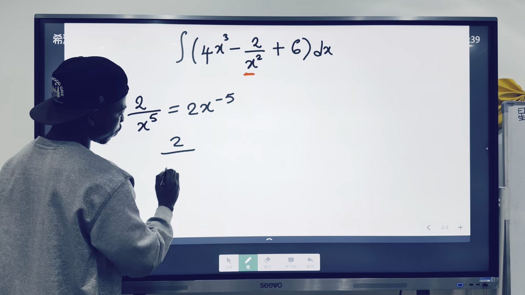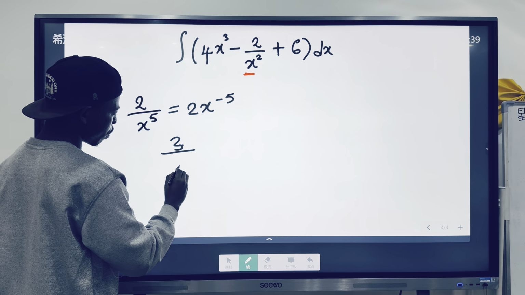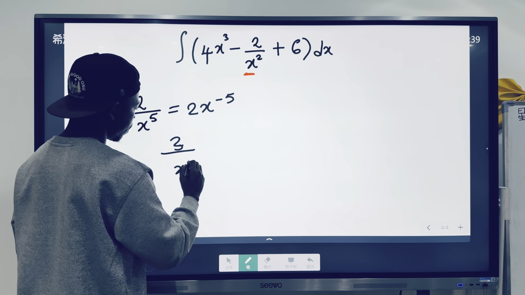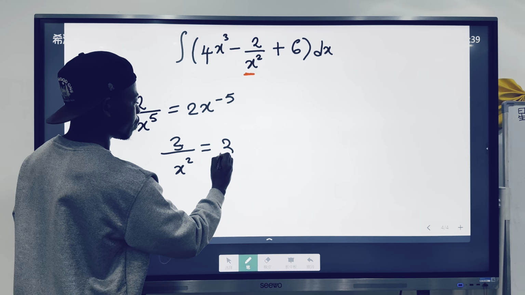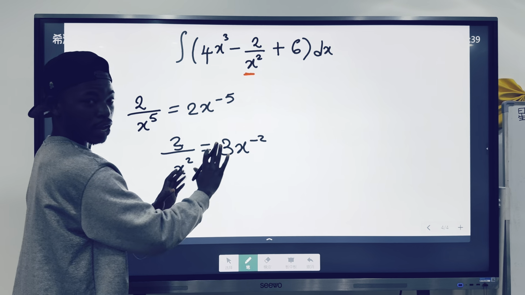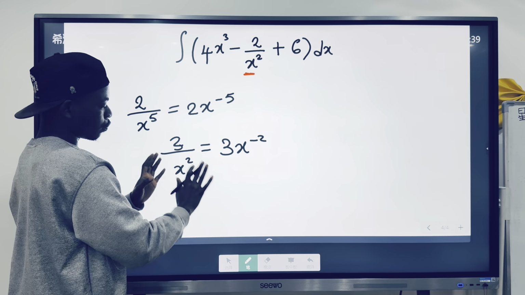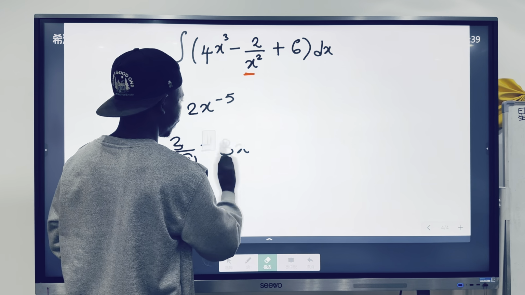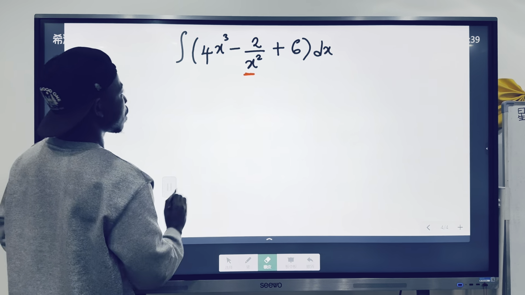If I have 3 over x to the power 2, this becomes 3x to the power negative 2. I hope you get the idea. You just change the sign of the power and you take it up. So that's what we're going to do.